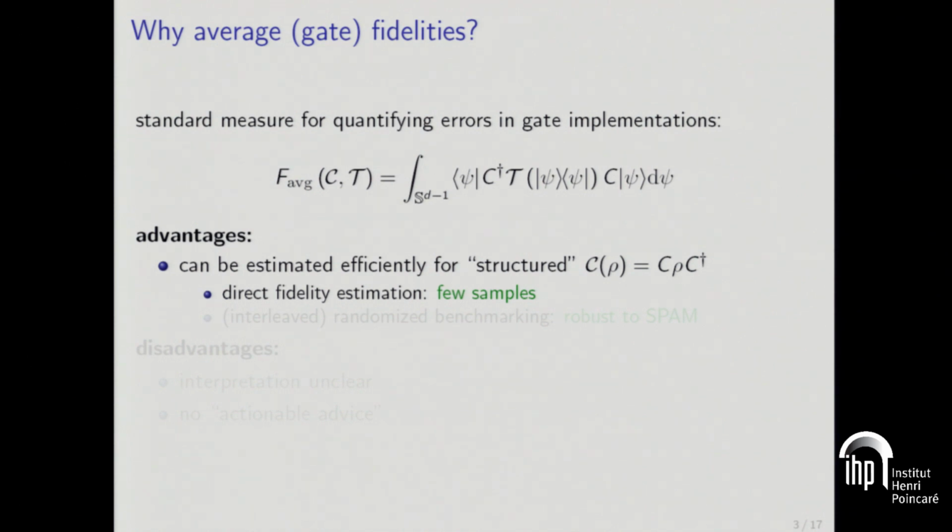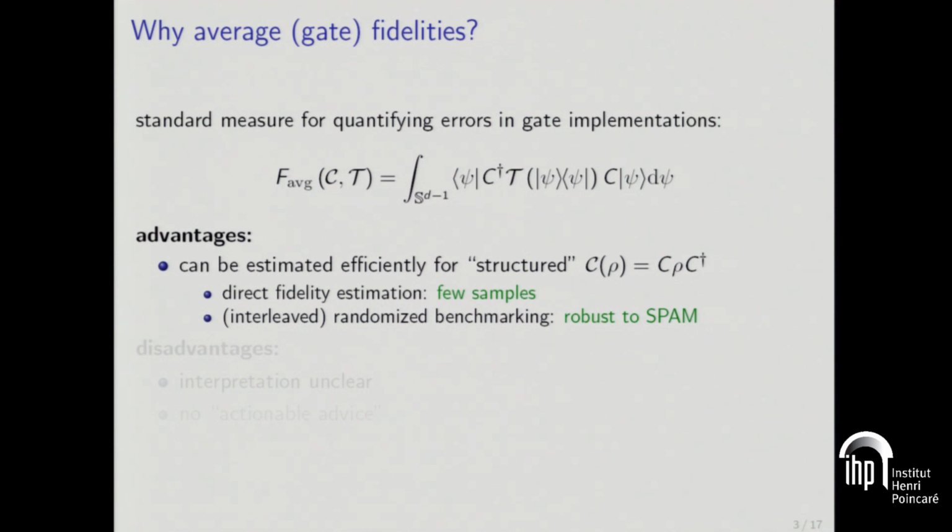And perhaps even more interestingly and importantly, and this is a huge open field, is the field of randomized benchmarking for quantum gates. Randomized benchmarking was developed, I think, in 2006 by Joe Emerson and co-workers. It's another idea of directly estimating average fidelities for quantum gates or arbitrary channels.